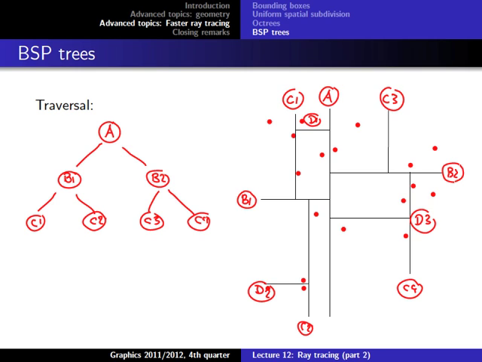D1, D2, D3, and then this one goes here to the right. I should look more at my notes. D1, D2, and D3. So again, we have to be careful if we're splitting horizontally or vertically to make sure that we know which one to put to the left and which one to put to the right.